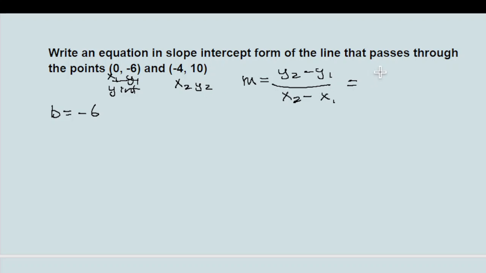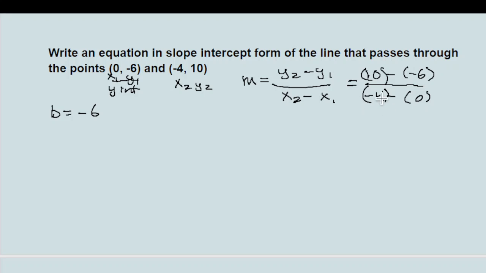So we got 10, and then you're going to put your minus sign, and then negative 6, right? So those go there. And then we have negative 4, minus, and then we have 0, right? And if I were going to be completely technical, I'd do this too, right? Just to show what we're substituting in.